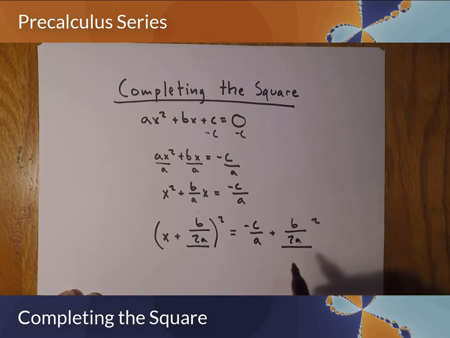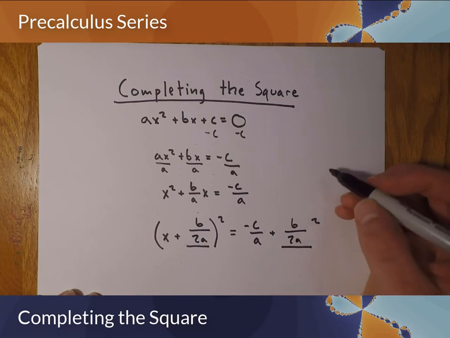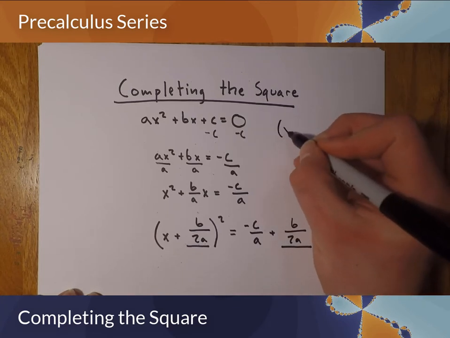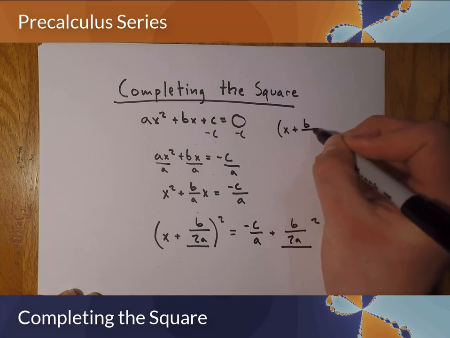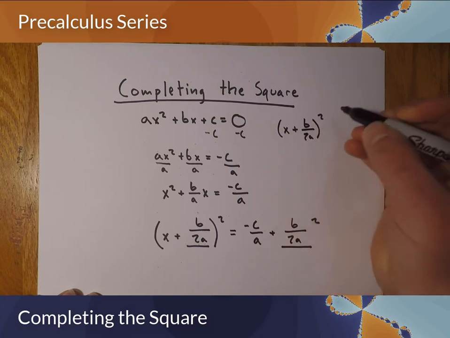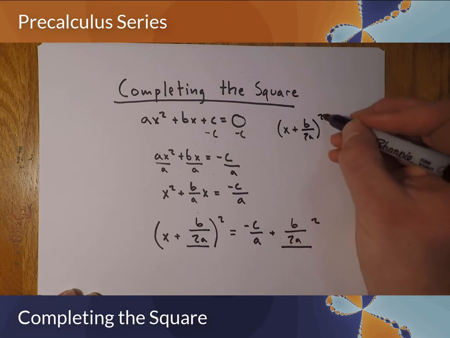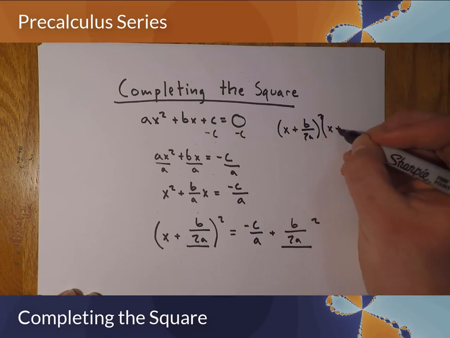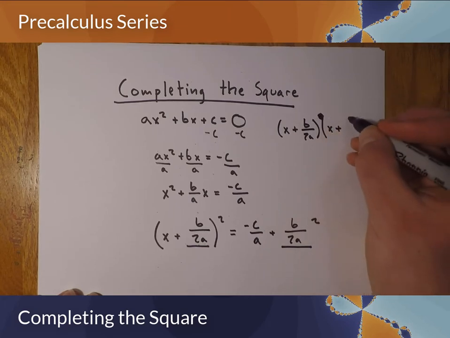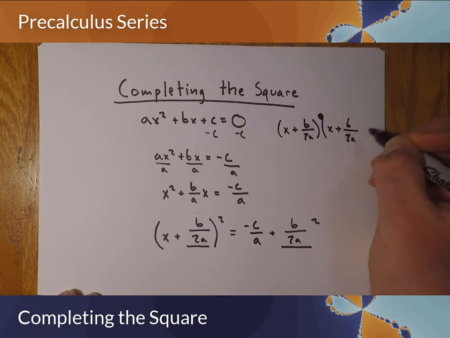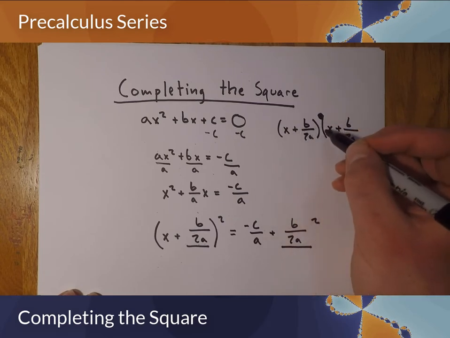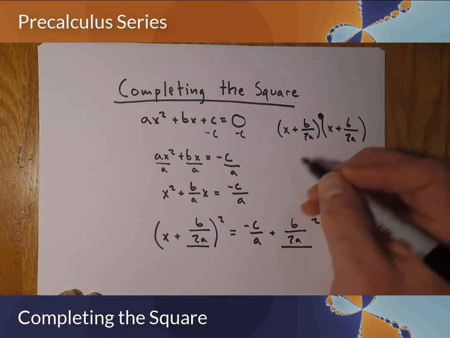I'm going to show you really quick why. When you expand x plus b over 2a squared, I'm just going to write it out here to save space: x plus b over 2a times x plus b over 2a. You just expand this.